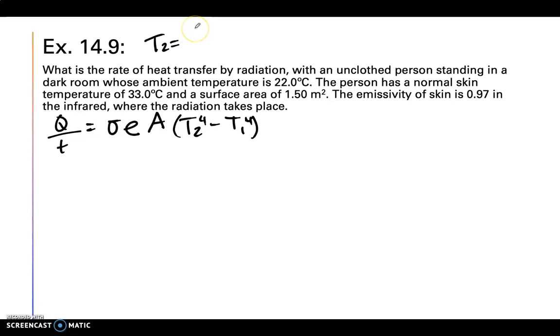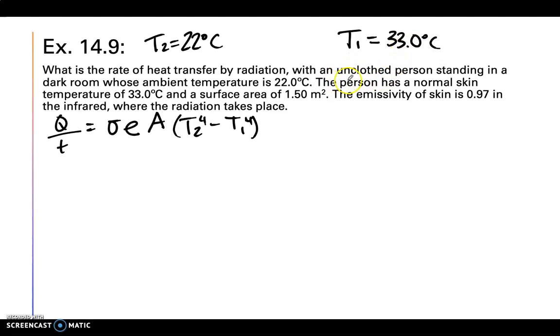T2 is going to be the hotter temperature, or actually, wait a minute, this is going to be the cooler surrounding temperature. So this is 22 degrees Celsius. T1 is going to be 33 degrees Celsius.